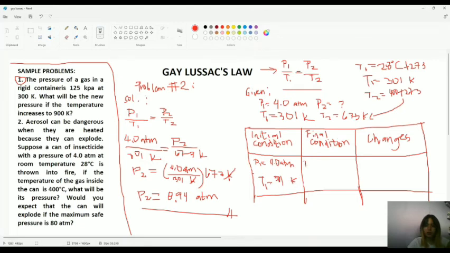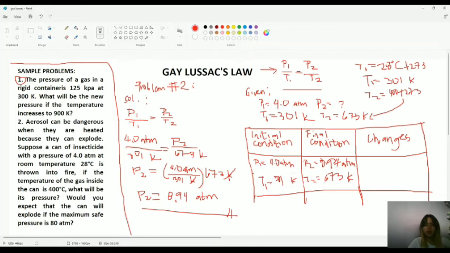Sa final condition meron tayong nakuha na 8.94 atmosphere. Final temperature 673 Kelvin.